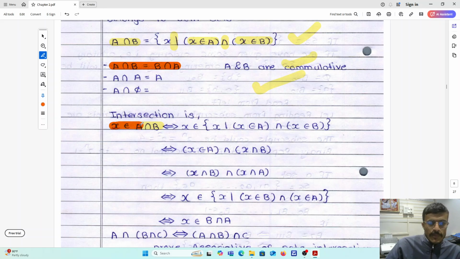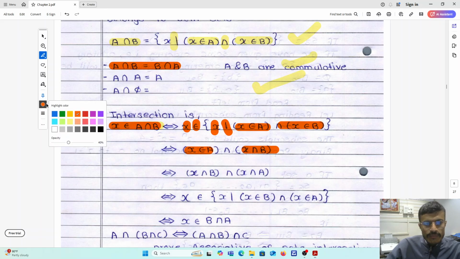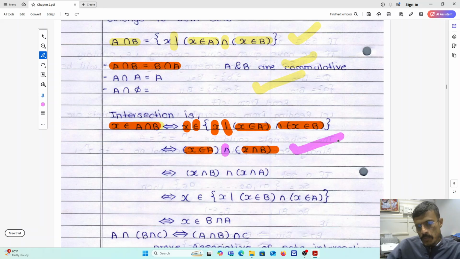As we know, x belongs to A intersection B, which is equivalent to x belongs to {x such that x belongs to A and x belongs to B}. So it is simply written as x belongs to A and x belongs to B. Here we are using one connective, that is AND, and AND follows the commutative law.